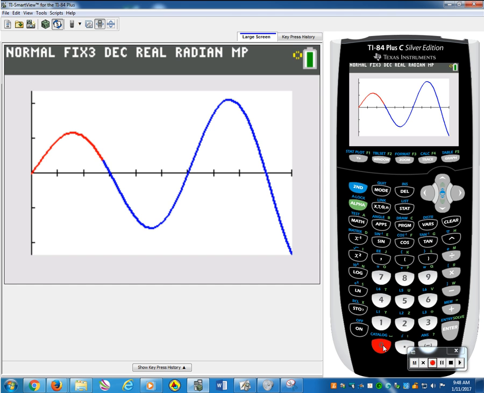Blue is the velocity, the red graph is the speed. Now they're pretty much the same graph, except that like Landon said, whenever the velocity is negative, the speed isn't negative. The speed has the same values, they're just positive.